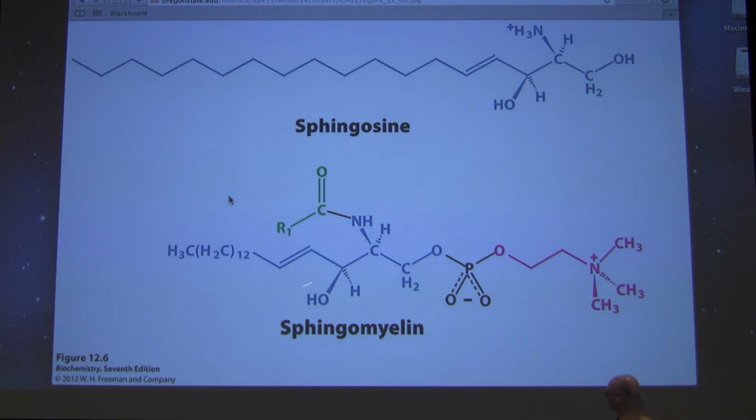Now, before I talk about this side of it, I want you to think about this side of it on the left. On this side on the left, what do we have? We have a long tail. There's 12 carbons, 13 carbons hanging off the end. Carbons and hydrogens, you know, are nonpolar. Therefore, this has a nonpolar tail. Here's a fatty acid sticking off the end. That's going to be another nonpolar tail.